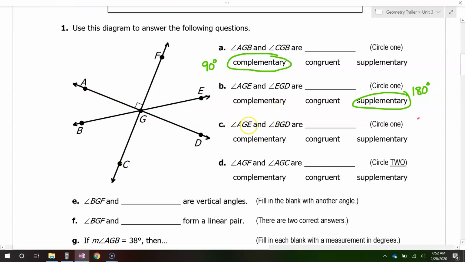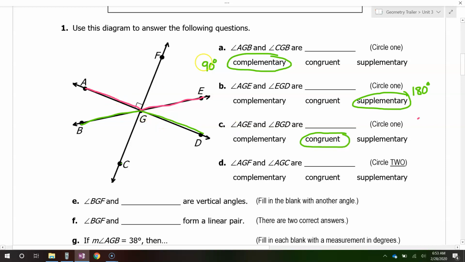All right, AGE, okay, from A to G to E, there's AGE, and BGD. Okay, BGD. These angles are going to be congruent.